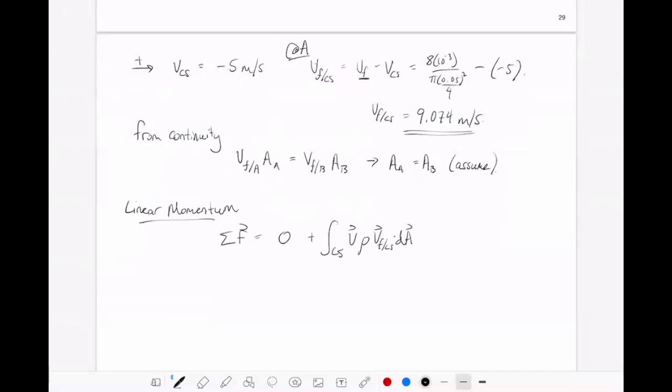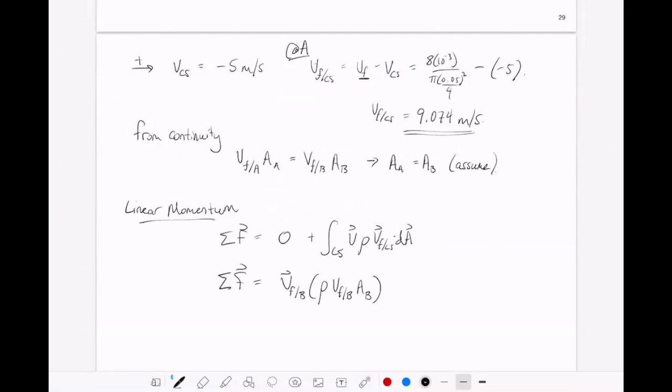So if we rewrite this with the values that we just found, sum of the forces is going to be equal to velocity of the fluid with respect to control surface at B times rho VFB times AB.